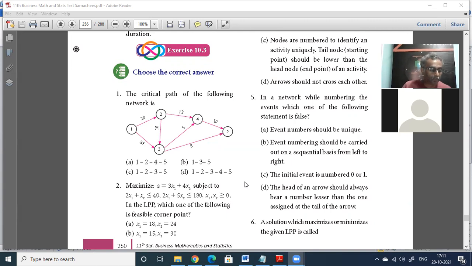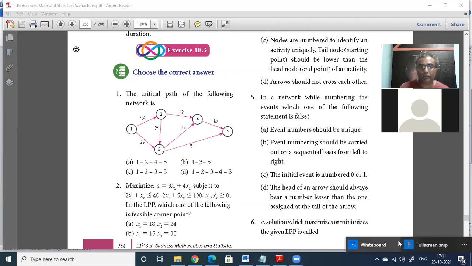The critical path of the following network is which one? You yourself can tell now. You can tell, or we can try to do it and you can tell. Let us see.